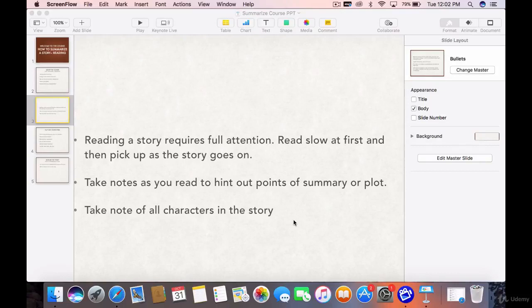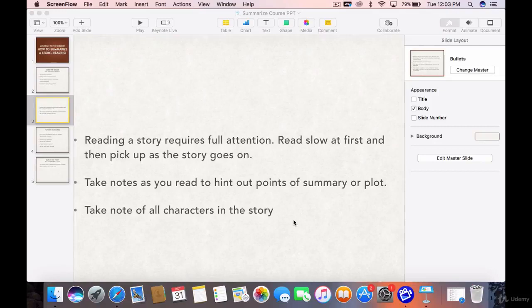Sometimes this takes 2 times, sometimes 3, 4 times, 5 times, however many times it takes to comprehend what's going on in the story, because what we want to do with this step is make sure that you're getting all the details, the full picture of what the story is before you start to summarize it.